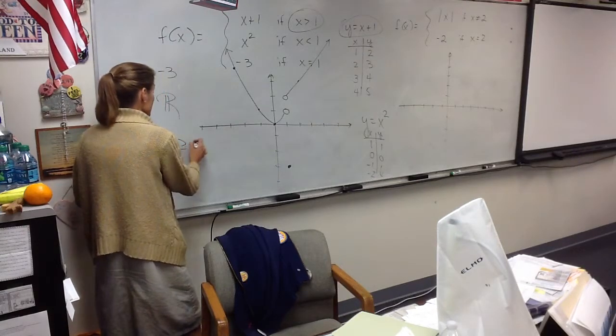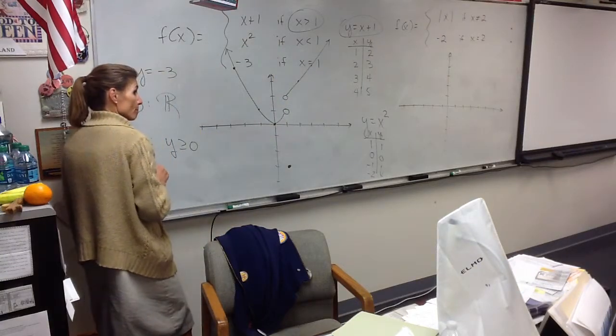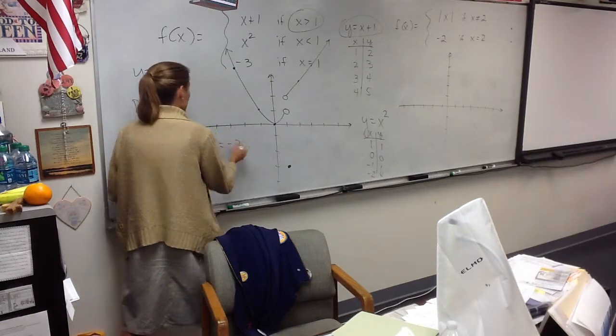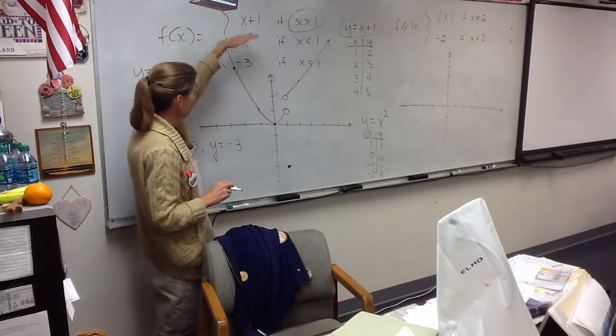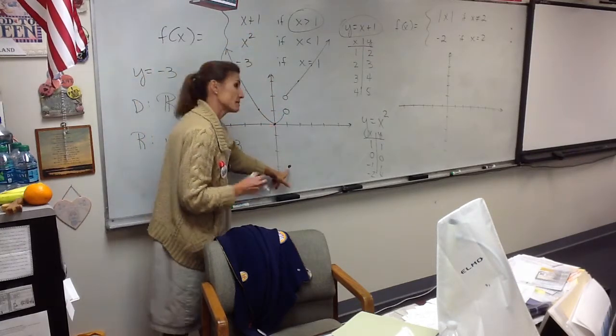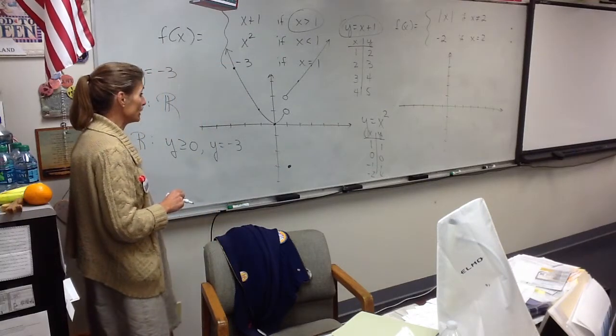Greater than or equal to 0. Exactly. That is your range. Your range is all the y's bigger than or equal to 0. And then this little dot down here, we have to take care of him, so -3. Very, very good.